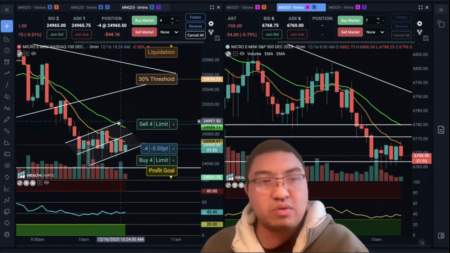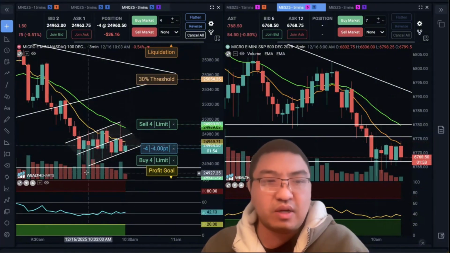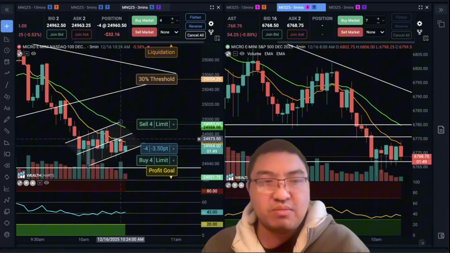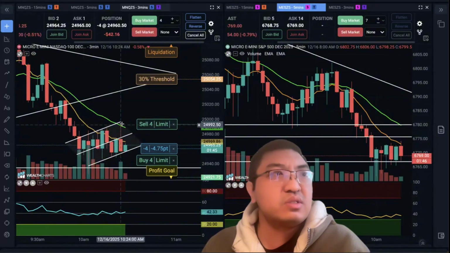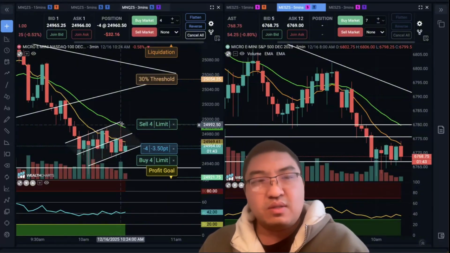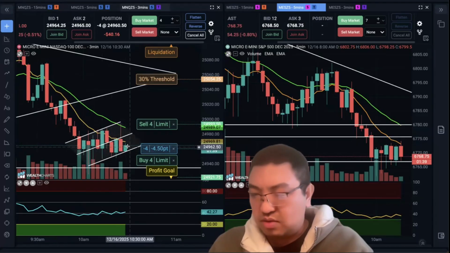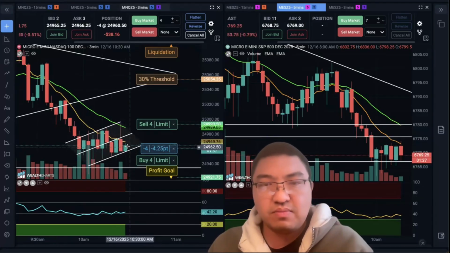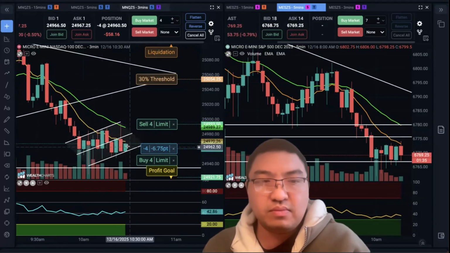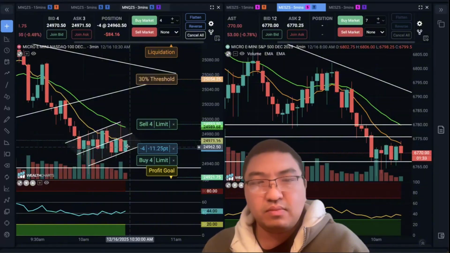But there are two downward rejections. Here EMA 21 shows a strong rejection. Not sure if the trend channel is going to continue. Oh, it looks like yes.